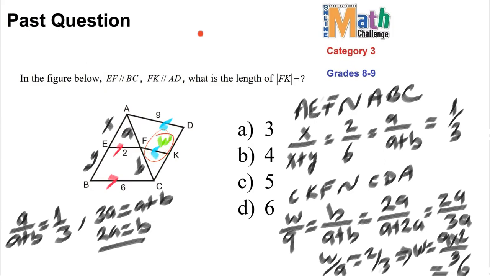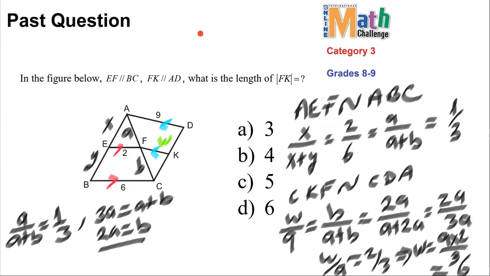We call it W right now. Now, if these are parallel, these angles will be equal because of corresponding angles. So we will have two similar triangles, these two: AEF and ABC.